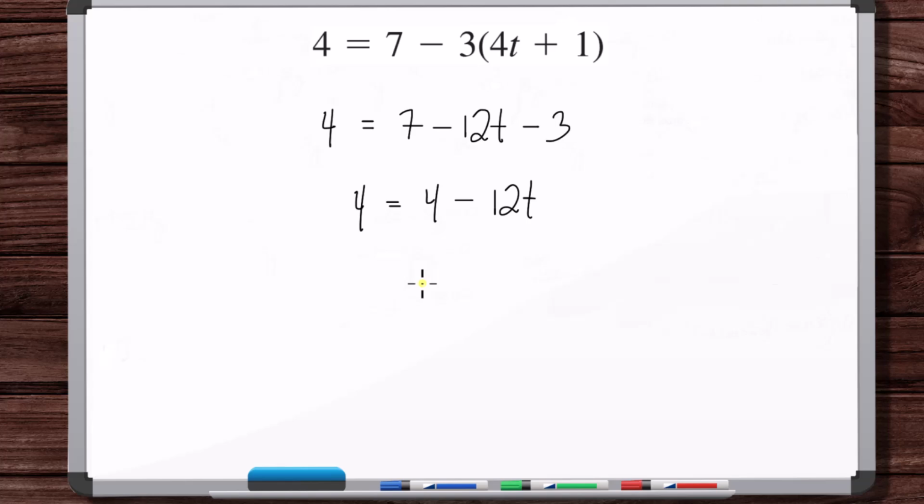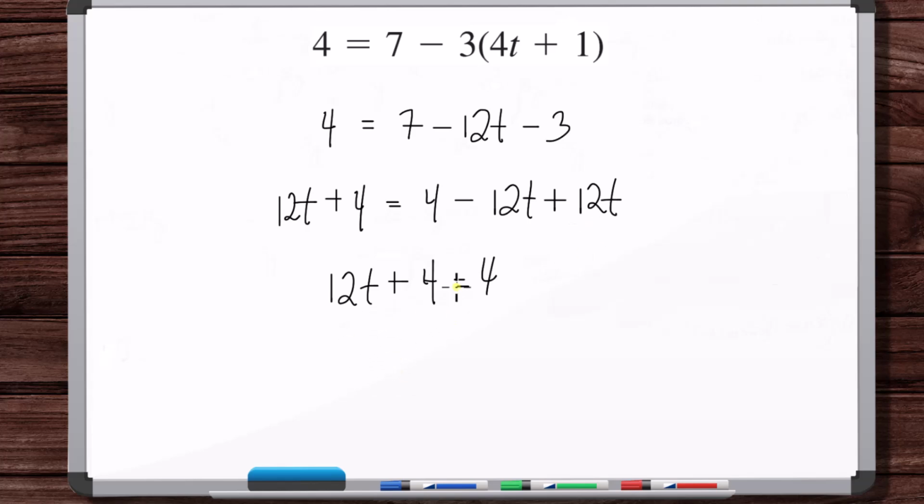Now let's apply the properties of equality. I like to have the variable on the left side. I think that's the most common way it's done because, again, we read from left to right. So let's add 12t to both sides. What we're going to get there is 12t plus 4 is equal to just 4, because minus 12t plus 12t is 0.